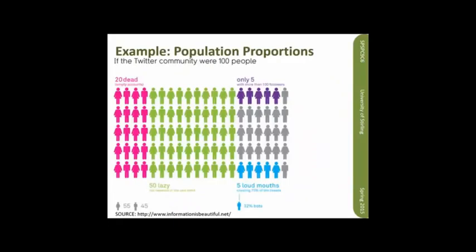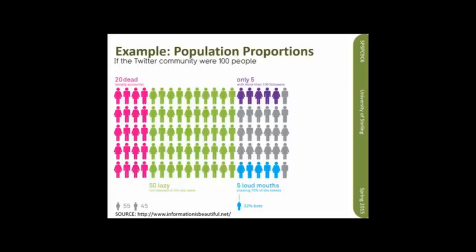Other graphics are incorporated to make some of the visualizations easier to understand. So this is looking at typical Twitter users. If the Twitter community were 100 people, so you could think about each person here as being like 1% of the Twitter population, because there are 100 people here, and then the color is used in groups to show the characteristics of that population.